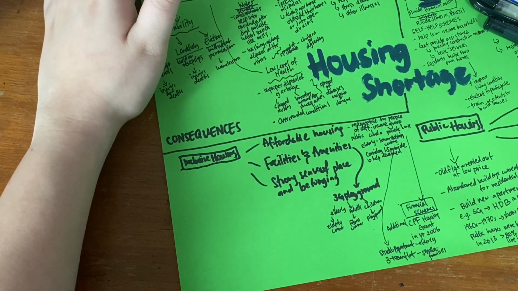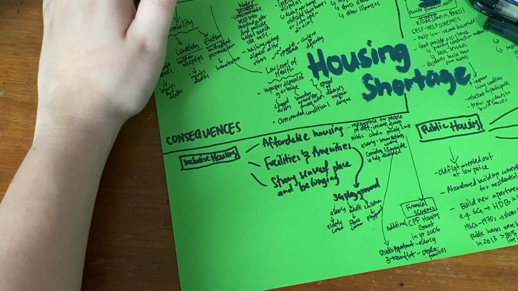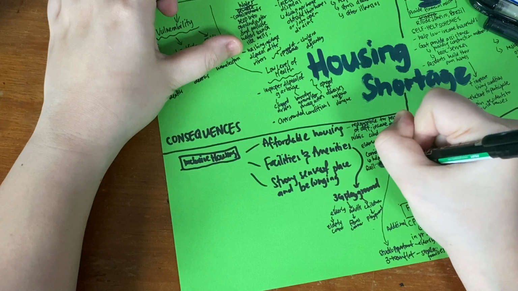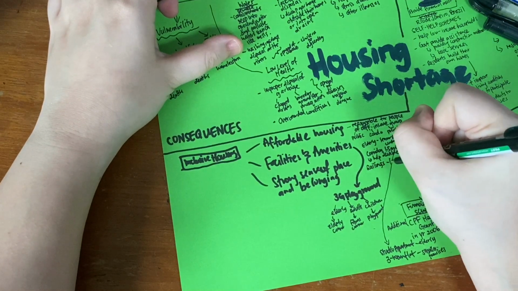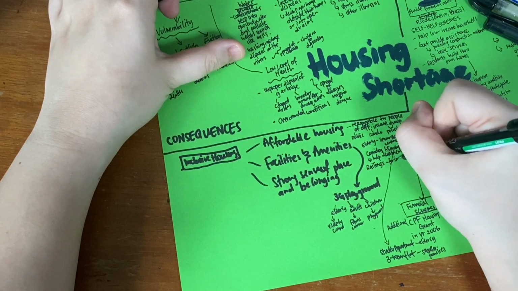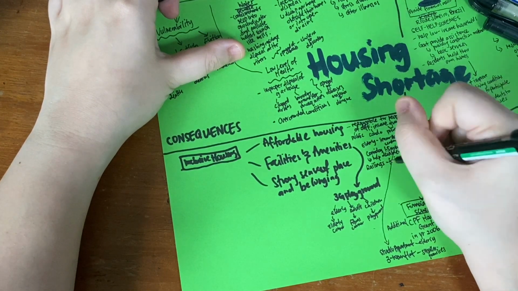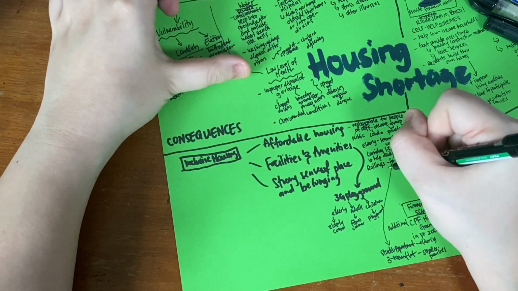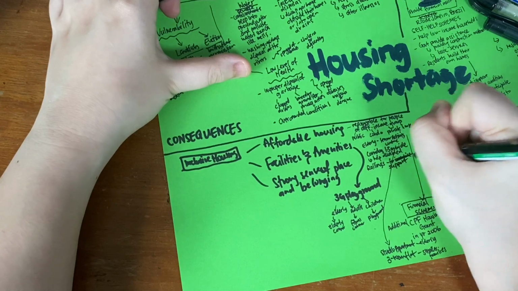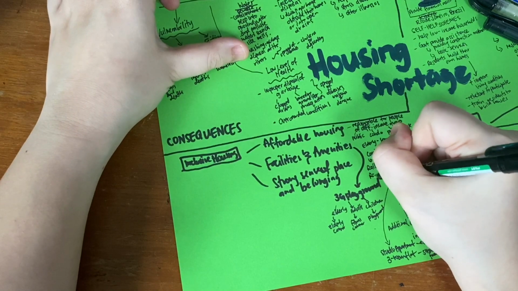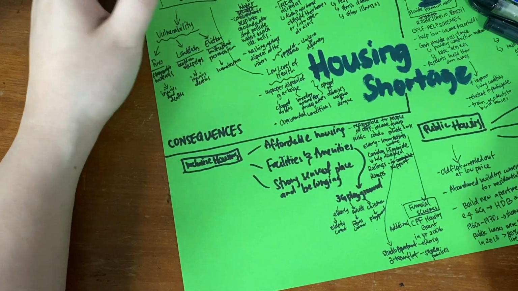Then we also have railings for immobile, for support. And we also have ramps. Yeah, there's a lot of things.